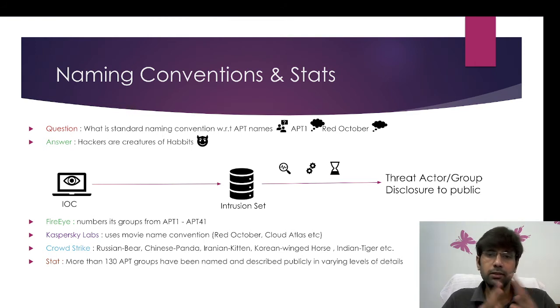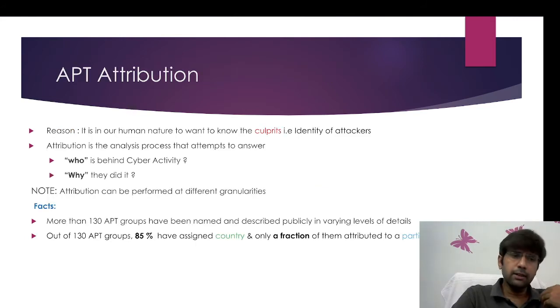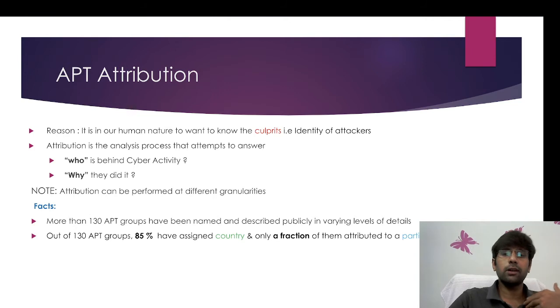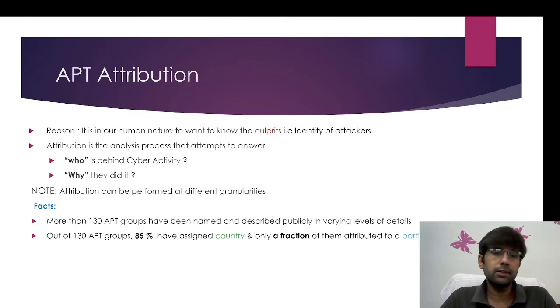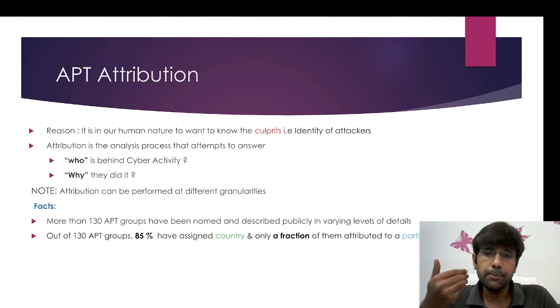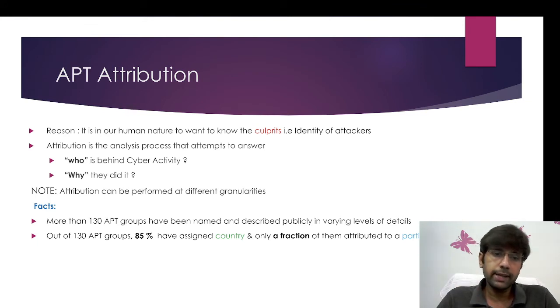So this is the basic understanding of the attribution process. The APT attribution process has evolved over time, and this analysis process attempts to determine who is the actor behind a particular activity and what their motivation is. The actual attribution happens at different granularities based on the interest of the investigator.